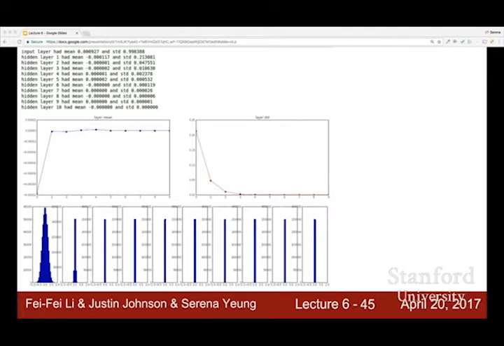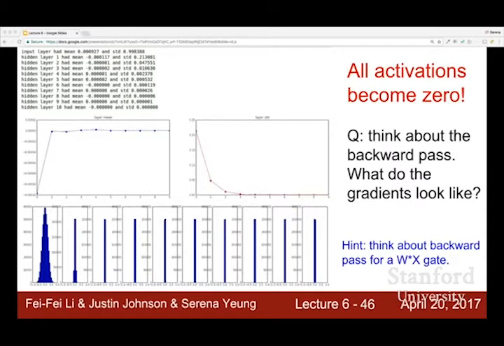But the problem is that as we multiply by this w, these small numbers at each layer, this quickly shrinks and collapses all of these values as we multiply this over and over again. And so by the end, we get all of these zeros, which is not what we want. All the activations become 0.